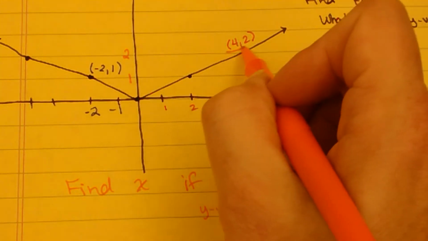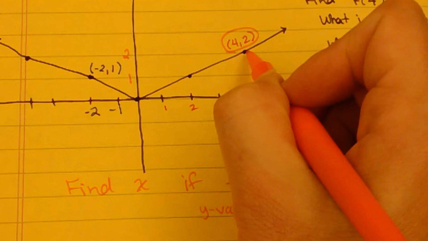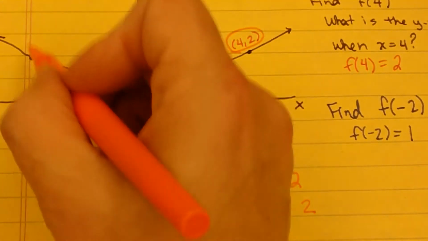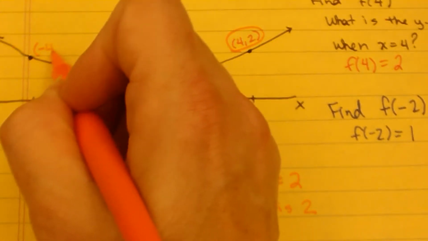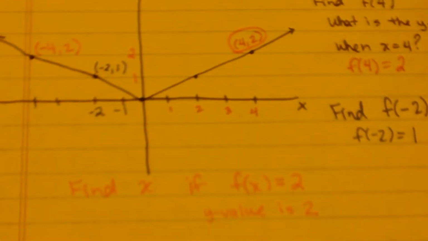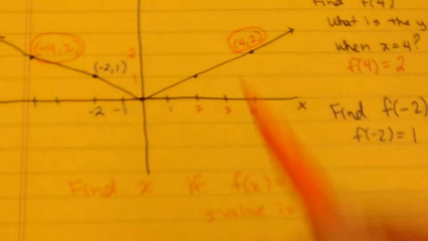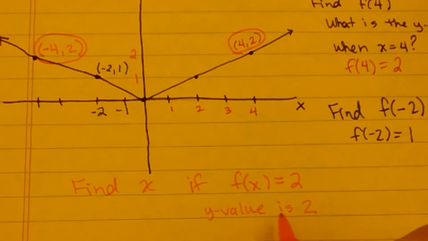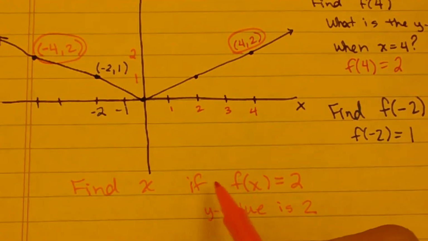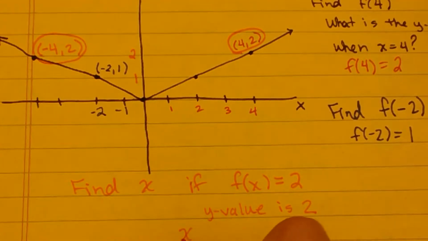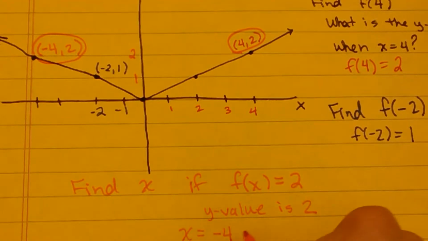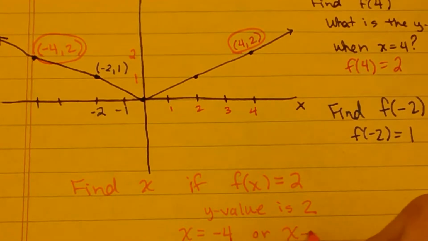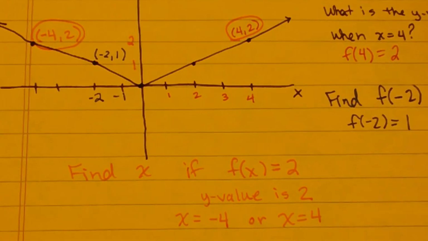There's one right here, 4, 2, and there's actually another one over here at negative 4, 2. So we have two places on this graph where the y value is 2. So x, when y is 2, would be at x equals negative 4 or x equals 4. So there's two places.